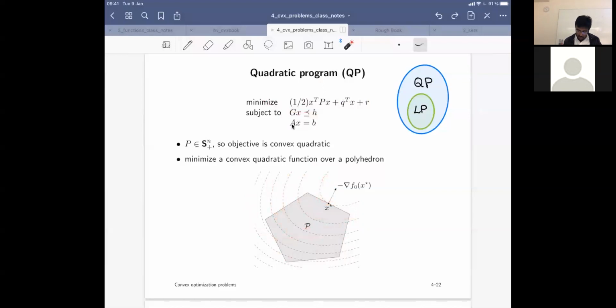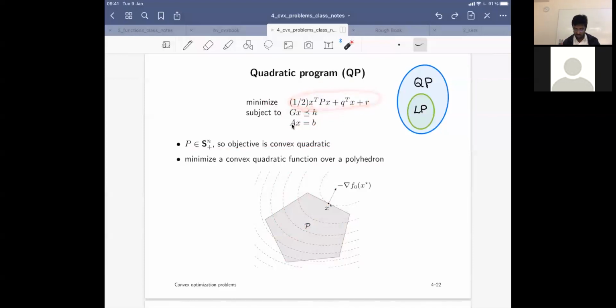Now, one condition: you cannot solve this for all choices of P. For this to be convex, what should be the condition on P? That has to be positive semi-definite. This we already saw. How do you check the convexity of this? Differentiate twice. The matrix that you get has to be positive semi-definite.